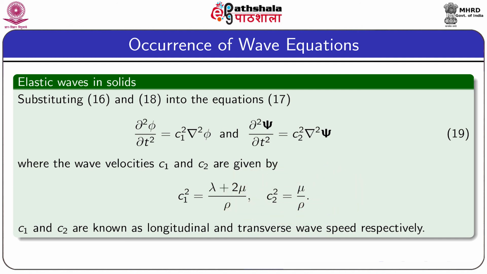These c1 and c2 are known as longitudinal and transverse wave speed respectively. If we look at equation number 19, we get that both phi and psi satisfy the wave equation.